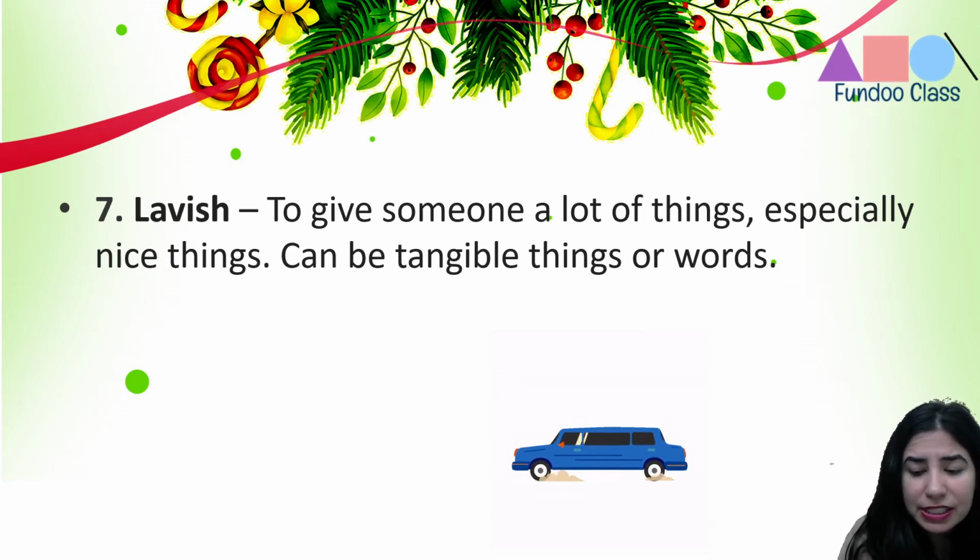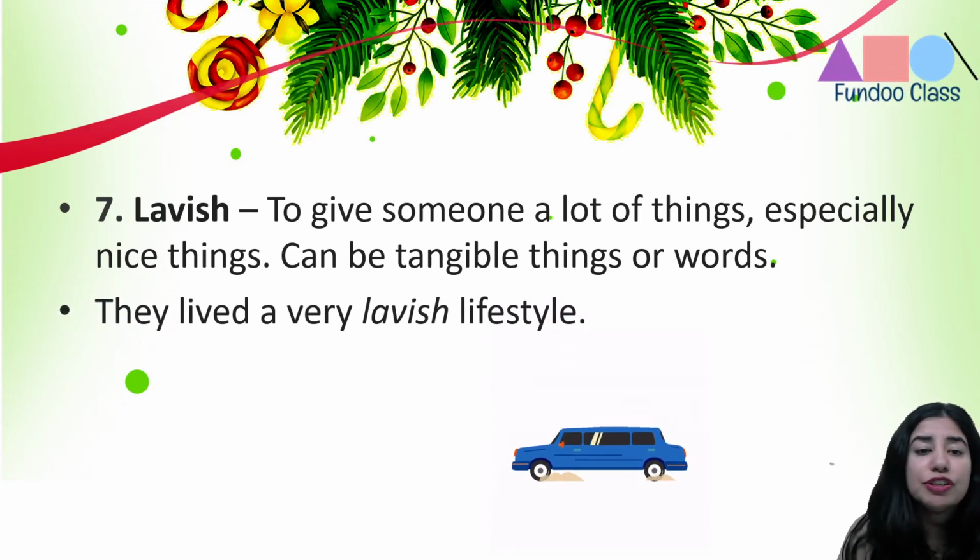So let's see what's a sentence on it. They lived a very lavish lifestyle. So lifestyle which is full of grandeur. So they go to expensive places for dinners. They shop from expensive brands. They go to premium hotels for stays. They go for holidays to Europe or to luxurious places.